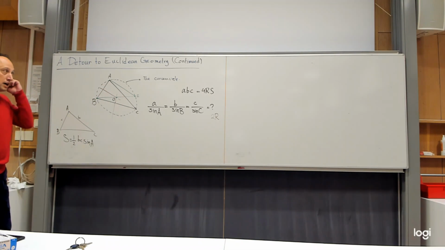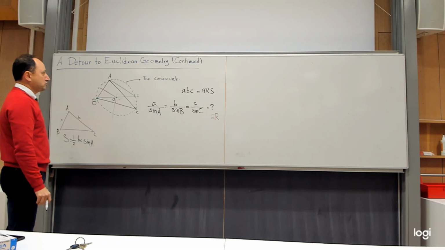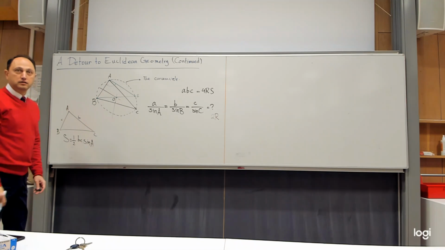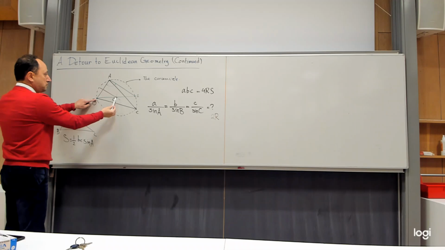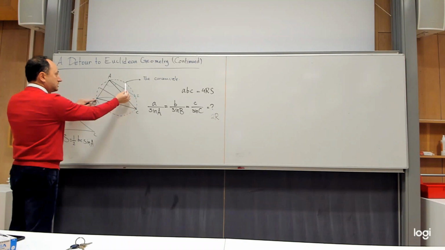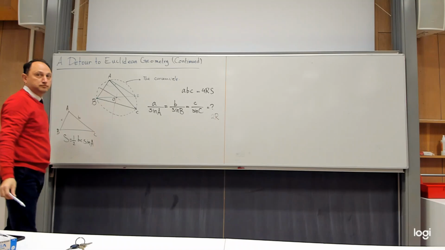Now I ask you one question. In principle, you should be able to answer that. First of all, tell me, can I say something about the size of this angle? And if yes, why? So I connect this to the center and continue until it intersects the circumcircle at E, and then I connect it to A, and I'm asking you, do I know something about this angle now?